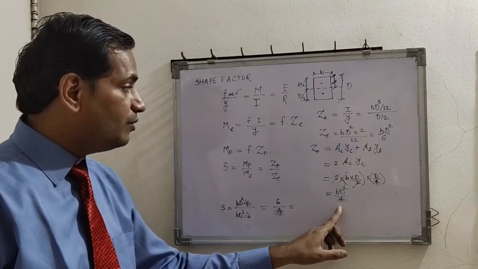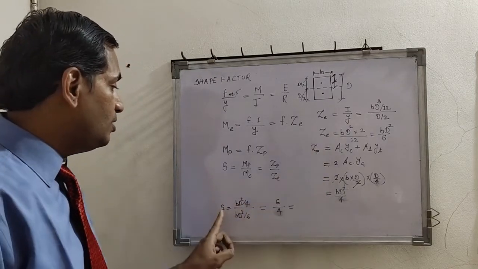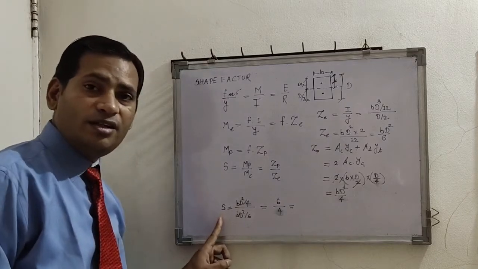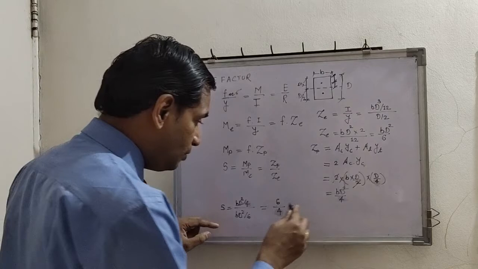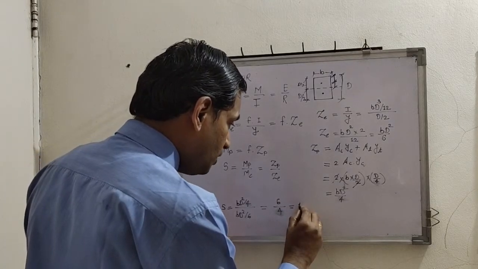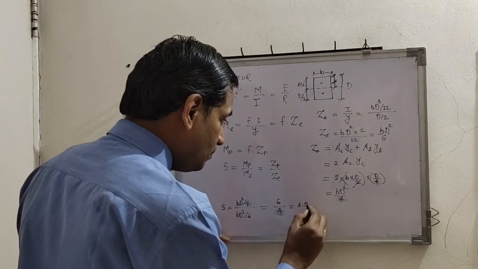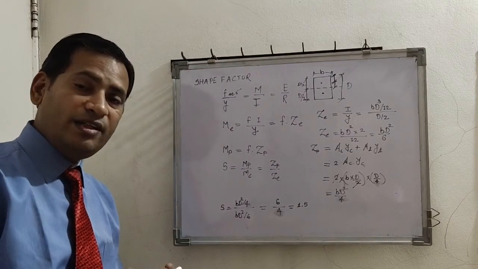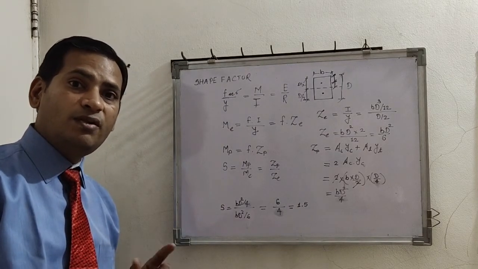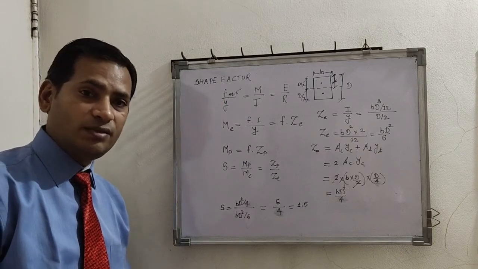Now substitute ZP and ZE in this shape factor ratio. We will get this value as 6 by 4, so 6 by 4 is 1.5. So the shape factor for a rectangular cross section is 1.5, which is constant.